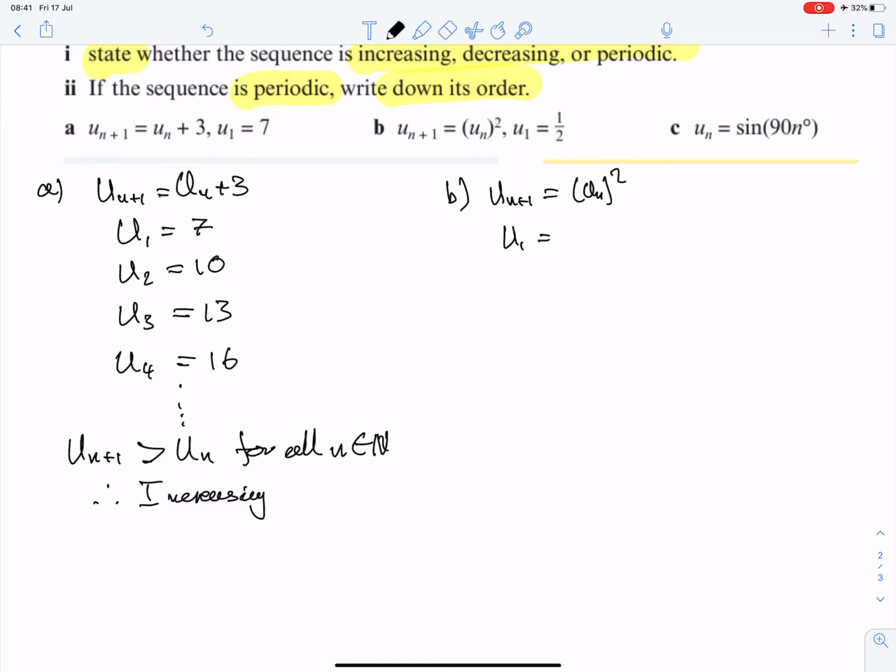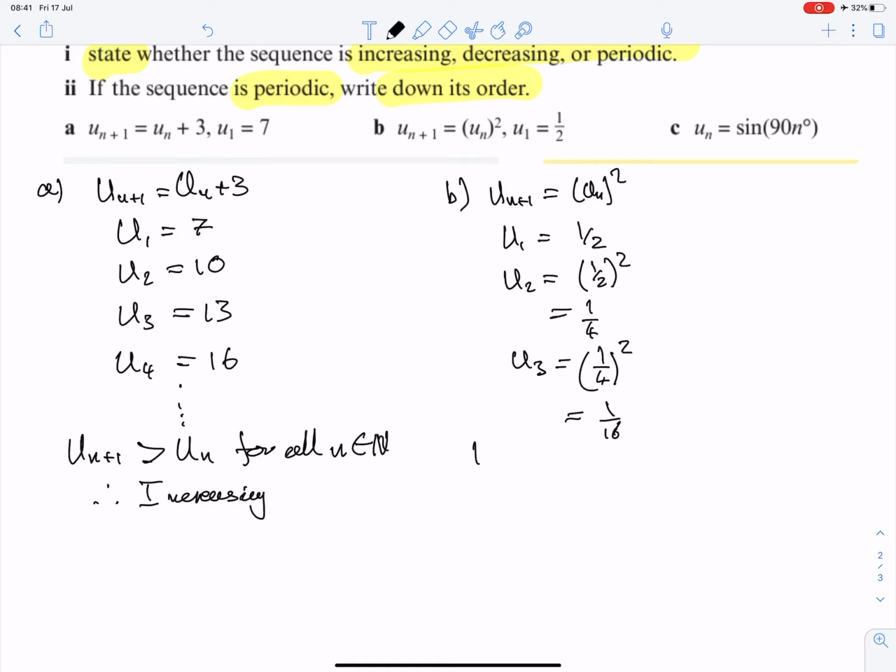So u1 equals a half, u2 is a half squared, which equals a quarter, u3 is a quarter squared, which is equal to a 16th, etc. But I think it's fairly clear that this is decreasing as you go from one term to the next.